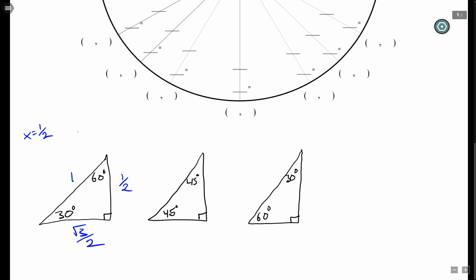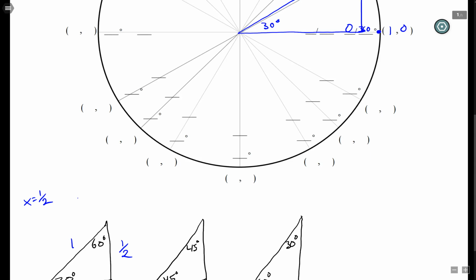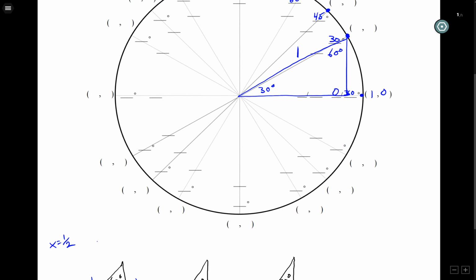Okay, so here's our 30, 60, 90 degree triangle that I'm going to be able to fit into the unit circle. And again, you should know how 30, 60, 90 degree triangles work. I just figured out that since the radius of the circle is 1, which matches with the hypotenuse here, that told me how to scale the other sides. So let's go ahead and label our 30, 60, 90 triangle in our unit circle.